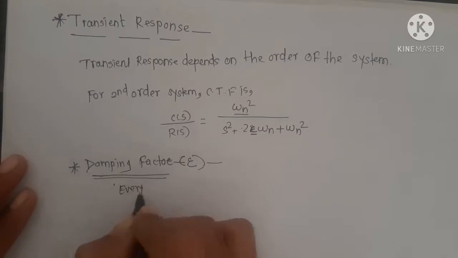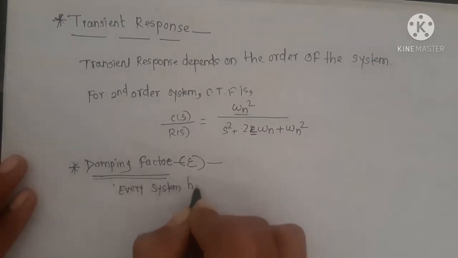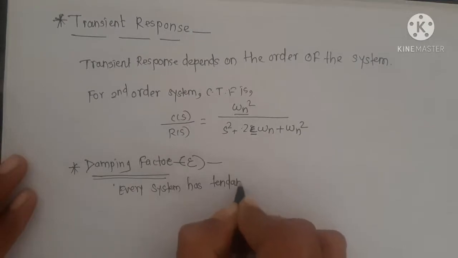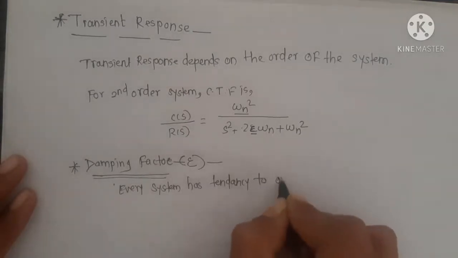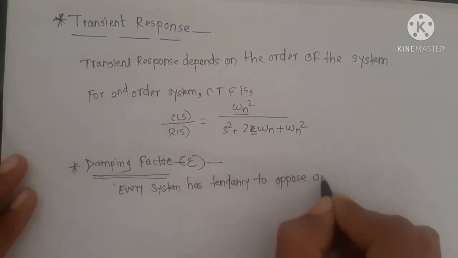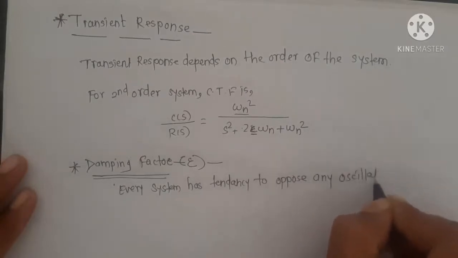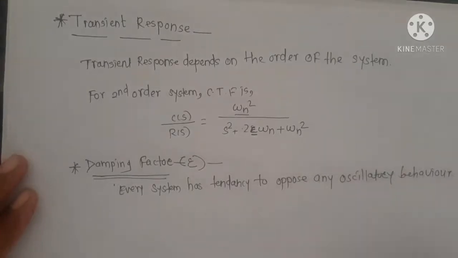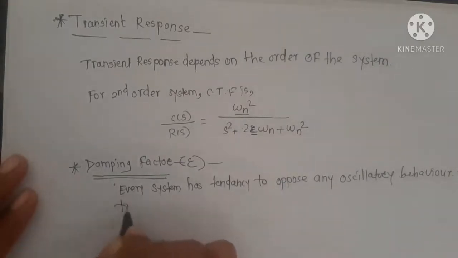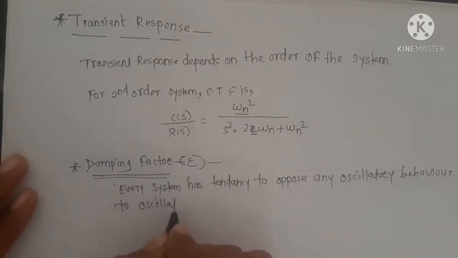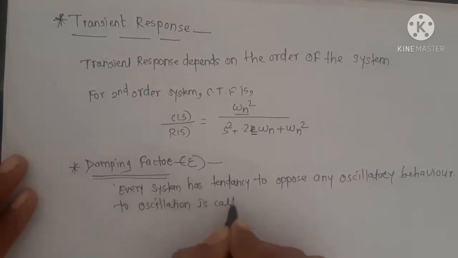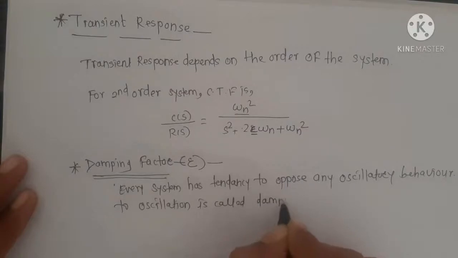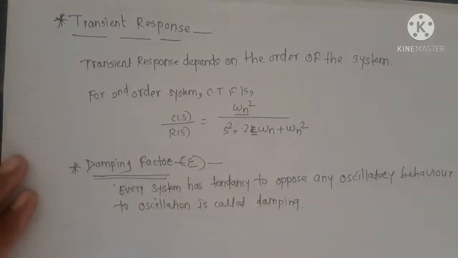So every system has a tendency to oppose any oscillatory behavior, and this opposition to oscillation is called damping, and it is measured by a factor.